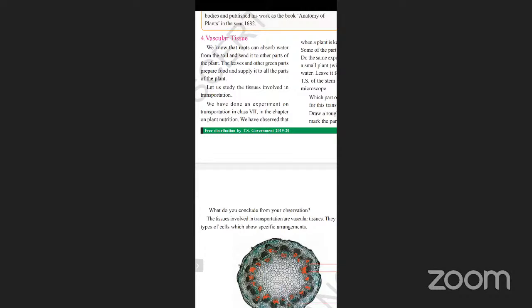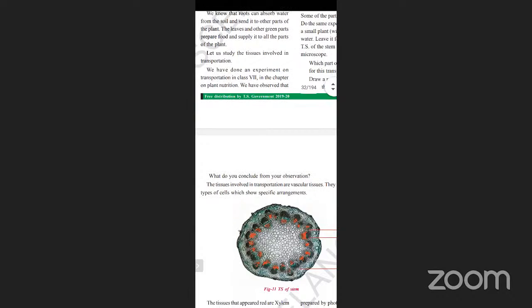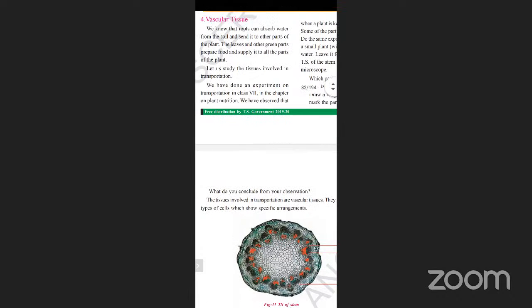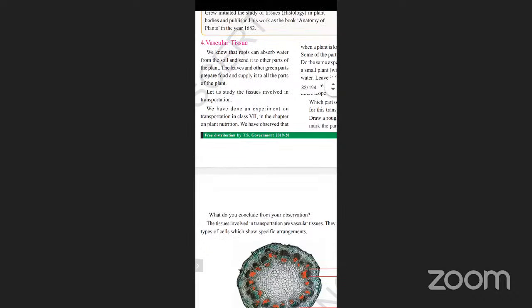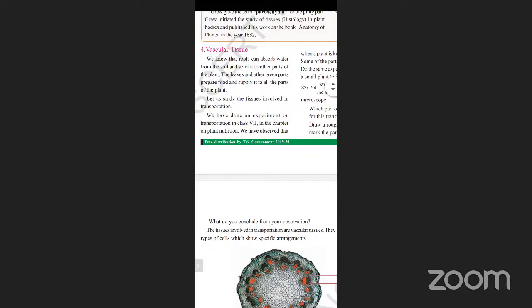Right? So let us study the tissues involved in transportation. How the water which is absorbed by the roots can be transported, and how the food which is prepared by the leaves, the green parts of the plant, is supplied overall to the body. That is our question.